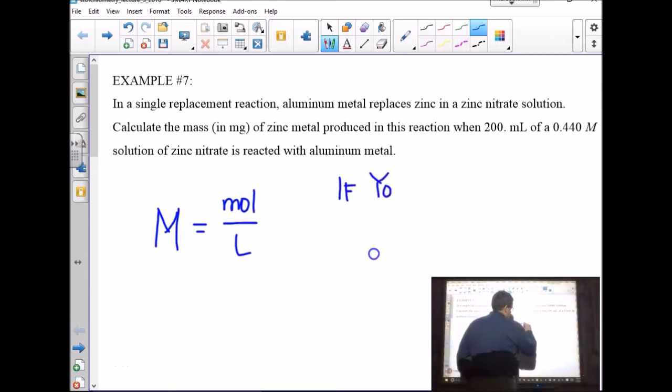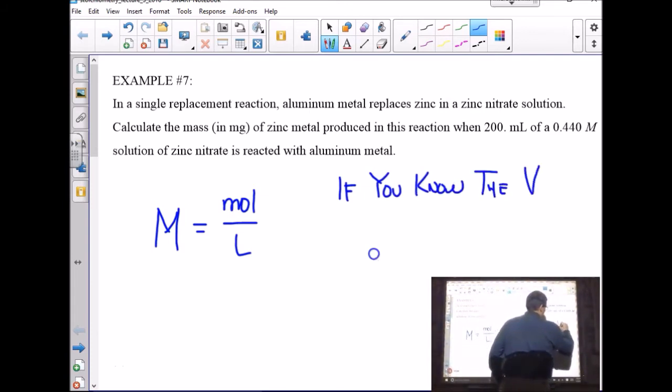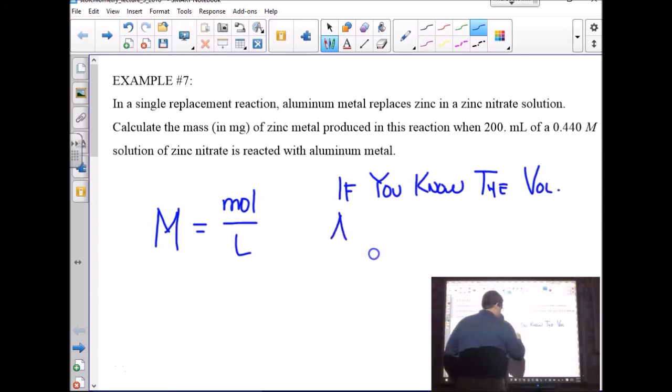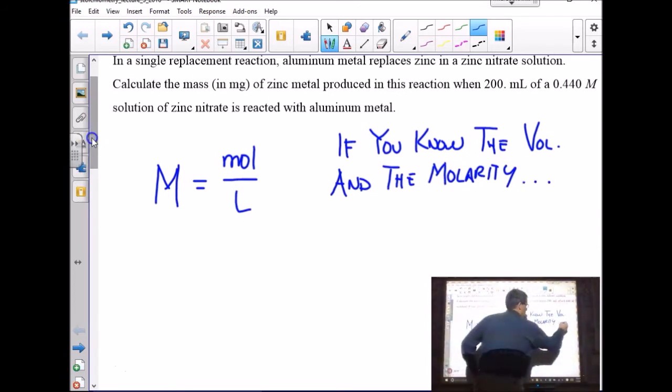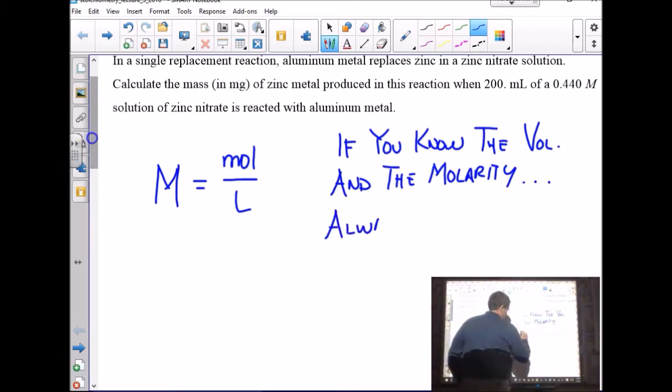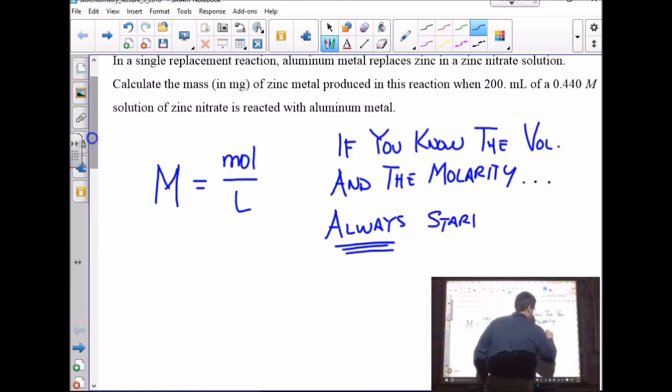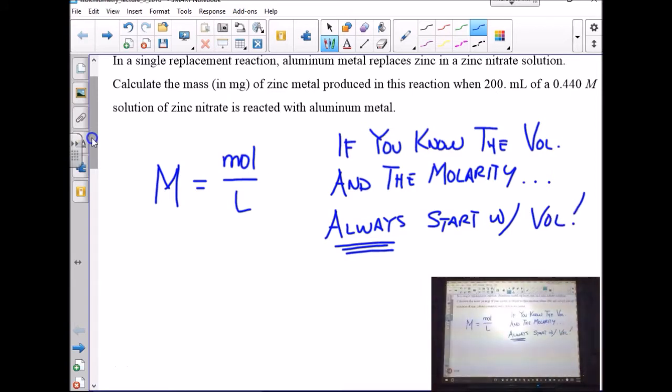If you know both the volume and the molarity, always start with the volume. No ifs, ands, or buts. If you know both the volume and the molarity, always, always, always start with the volume.